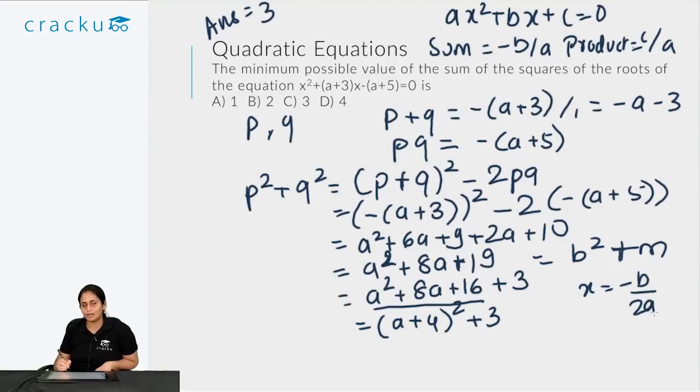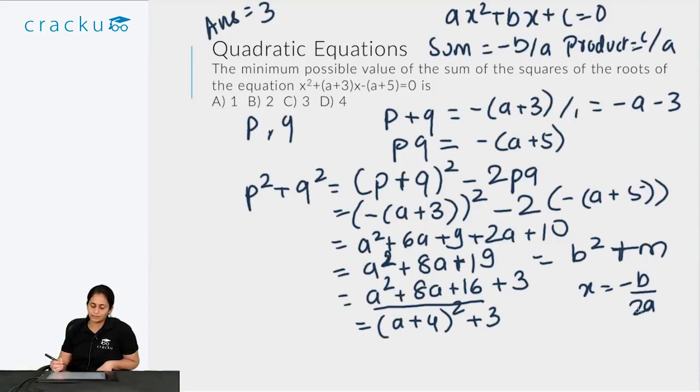And if a is negative, the maximum value occurs at minus b by 2a. Since in this case the coefficient of a square is 1, which is positive, the minimum value will occur at minus b by 2a.